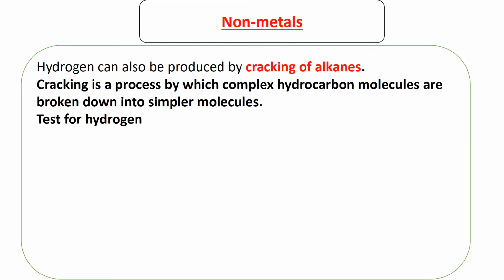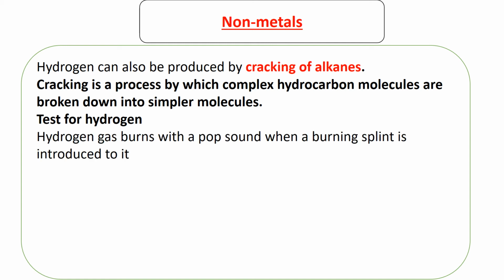In this sample of gases, there is hydrogen. Remember, hydrogen is not in air. So given a sample of gases, how do you know that it is hydrogen? Hydrogen gas burns with a pop sound when a burning splint is introduced to it. You get a matchstick, you burn it, then you get a tube that has the gas you're suspecting to be hydrogen.